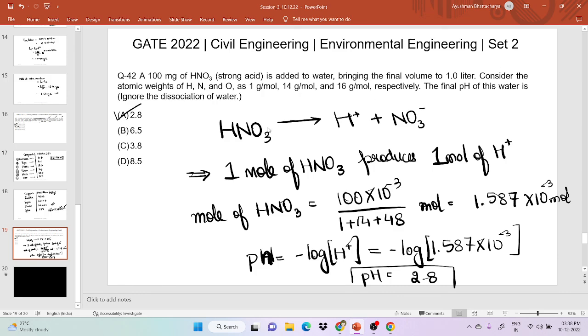From the equation we can see HNO3 once split produces H+ ion and NO3- ion. Since 1 mole of HNO3 produces 1 mole of H+ ion, knowing the total moles of HNO3 tells us the moles of H+ ions. That's why pH equals minus log of H+, minus log of 1.587 times 10 to the minus 3, and we got pH equals 2.8.